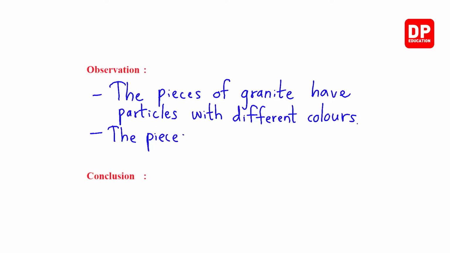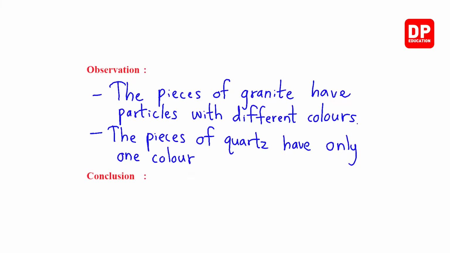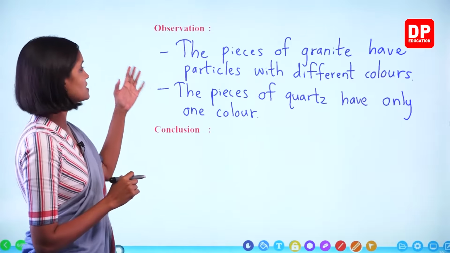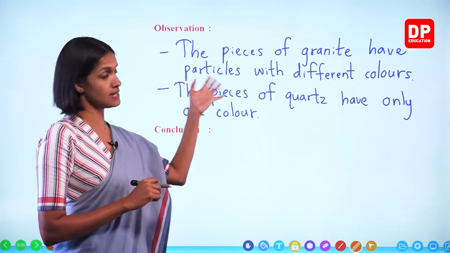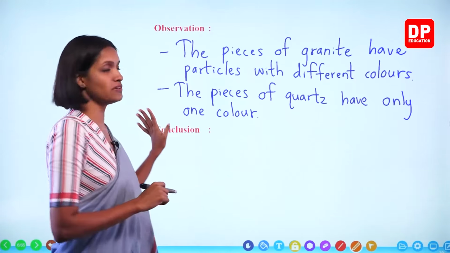The pieces of quartz have only one color. Right, the pieces of granite have particles with different colors. The pieces of quartz have only one color.